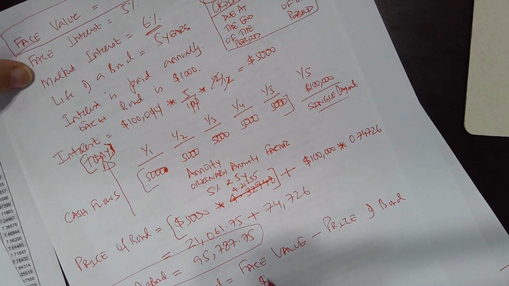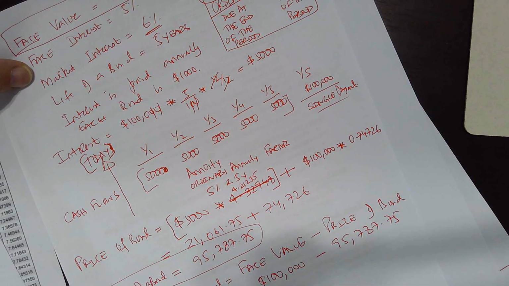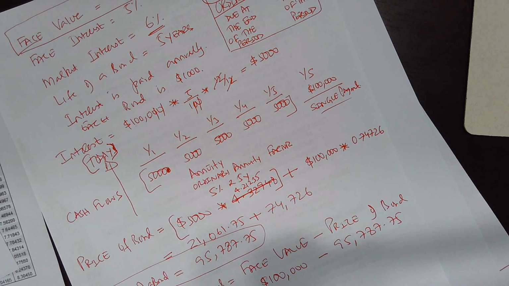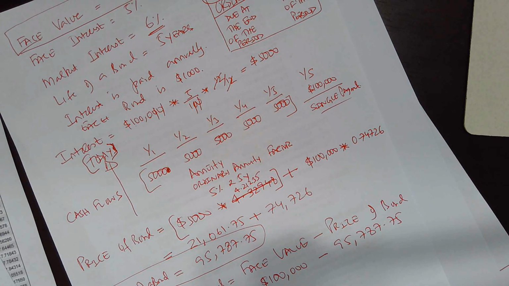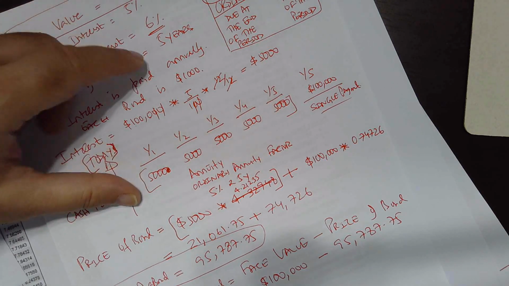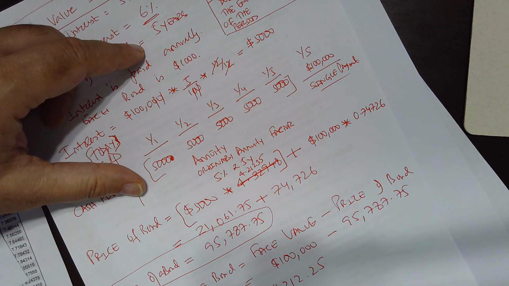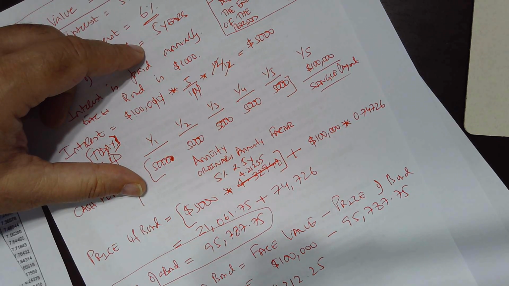Face value is 100,000. The price of bond we have calculated is 95,787.75. So this discount turns out to be $4,212.25. That is how the discount of a bond is calculated.